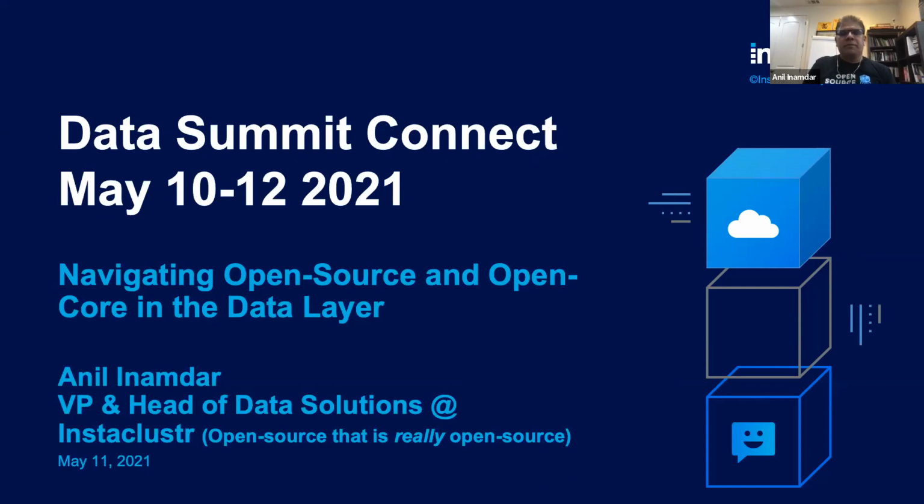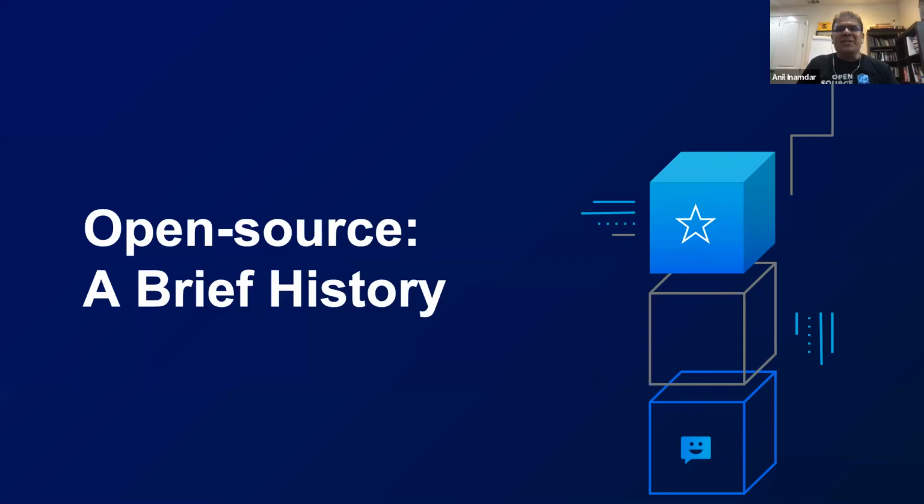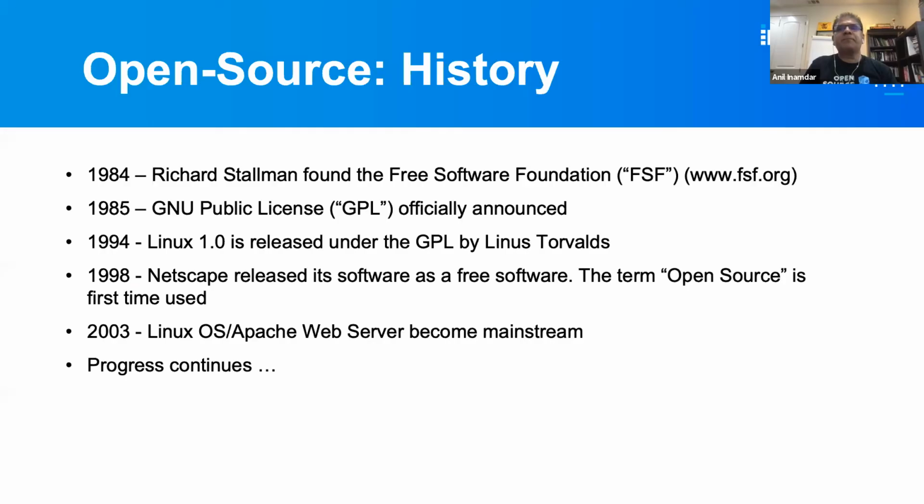Okay, let me start with a brief history. I won't be spending too much time on this, but just to set some context. The open source movement was essentially kicked off by Richard Stallman in 1984 when he founded the Free Software Foundation. It was a revolution against proprietary software. Then in 1985, the GNU public license was officially announced.